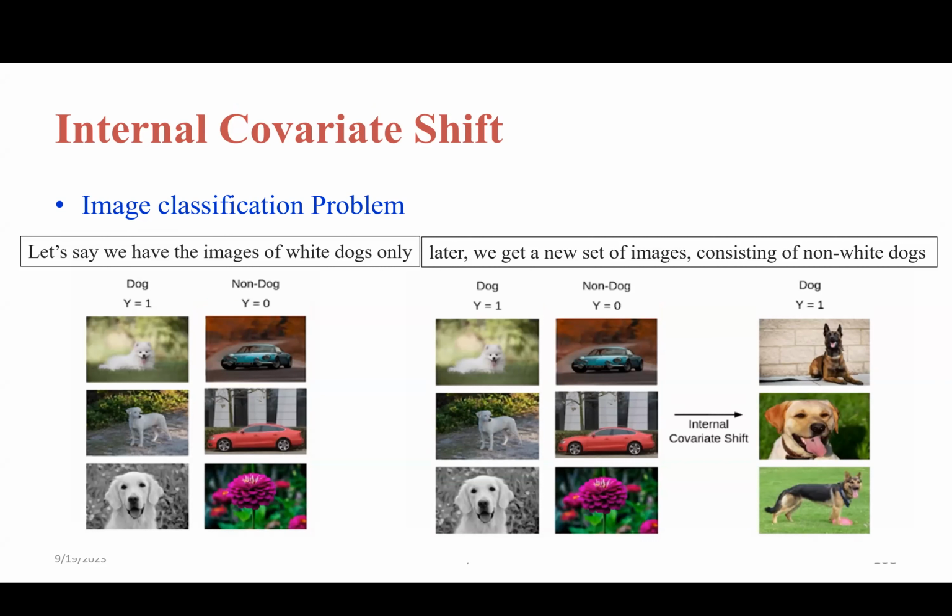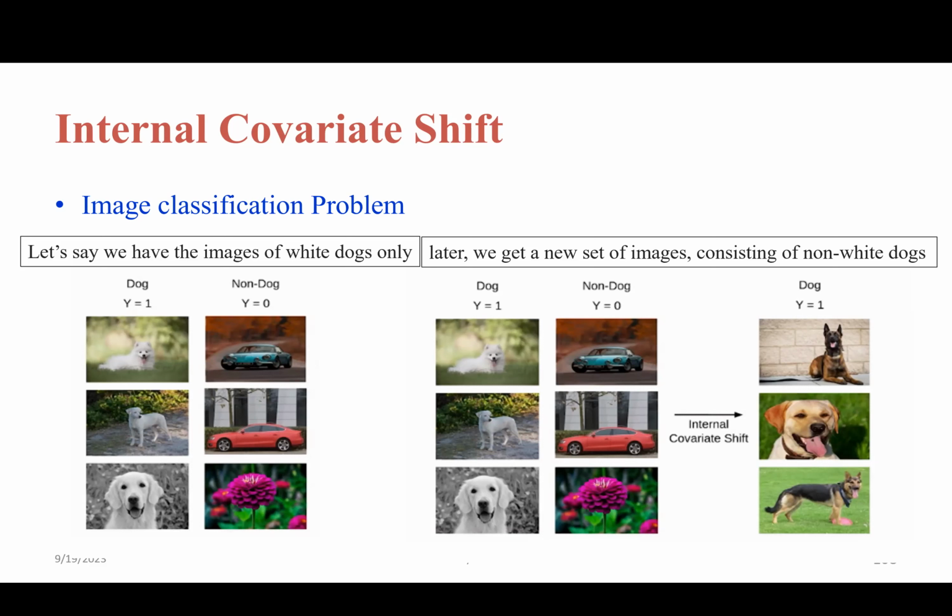Then will the output be correct or not? These new images will have a slightly different distribution from the images of white dogs. It is but obvious, right? Images of white dogs have a certain distribution, and images of dogs of some other color have a slightly different distribution. Now the model will change its parameters according to these new images, right?